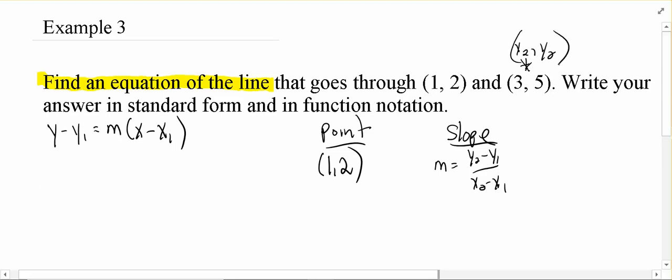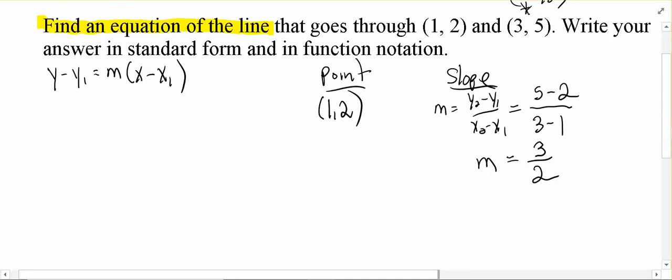He's what I'm going to start the subtraction with. I'm going to make that note to myself so I don't flip-flop it. So I'm going to do the difference in the y's, 5 minus 2, over the difference in the x's, which is 3 minus 1. That gives me a 3 on the top, a 2 on the bottom. So our slope is 3/2.